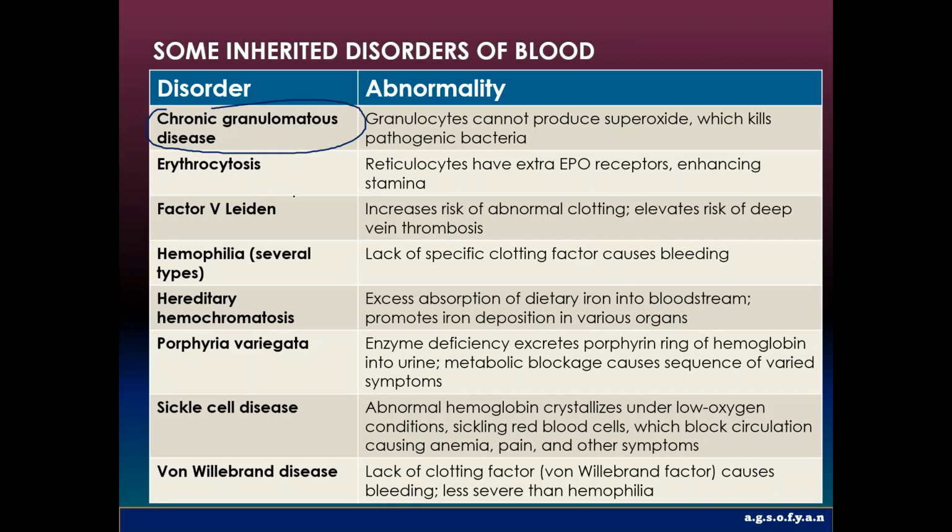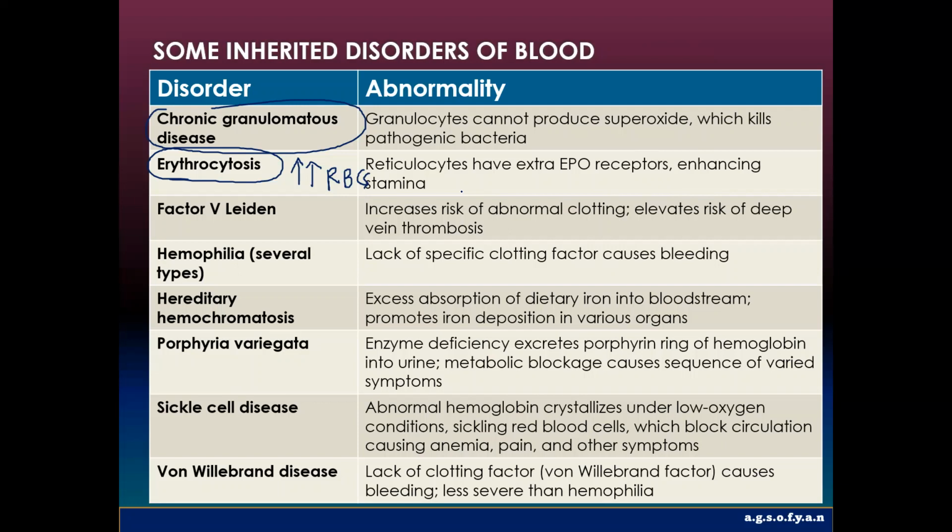This is an inherited disease. Another one is erythrocytosis, and the name tells you the formation or production of erythrocytes, or red blood cells, will be increasing. So this individual actually has more red blood cells.